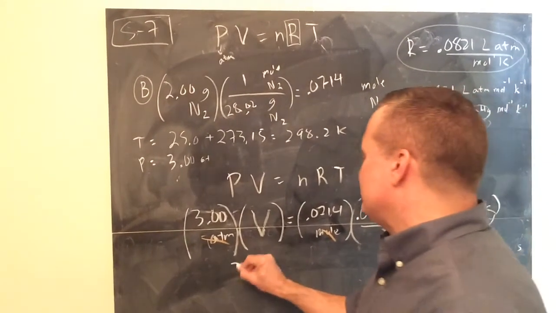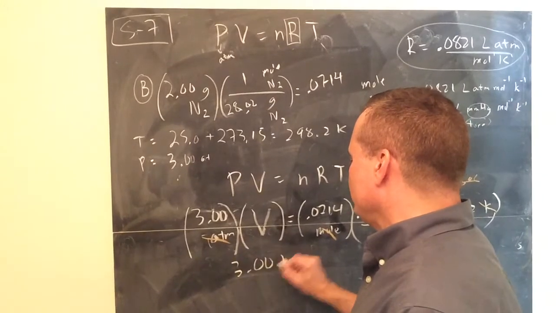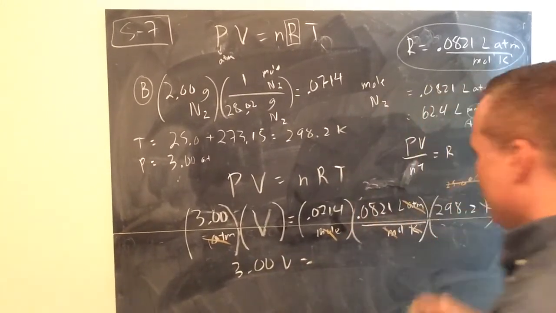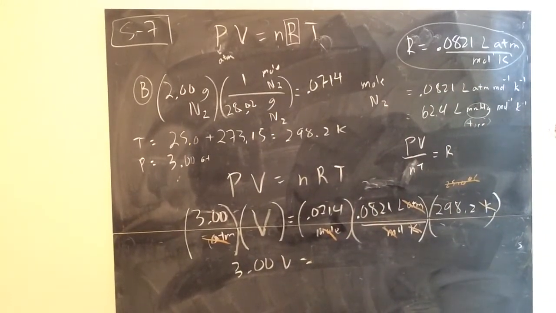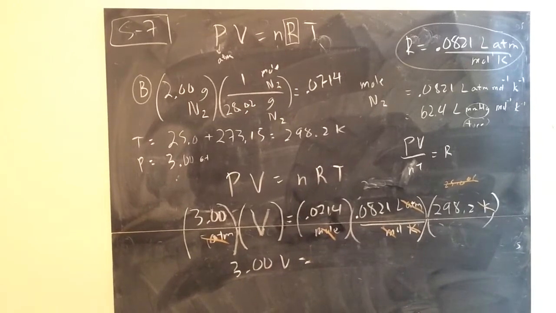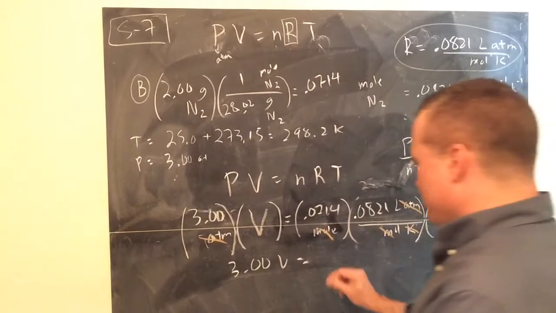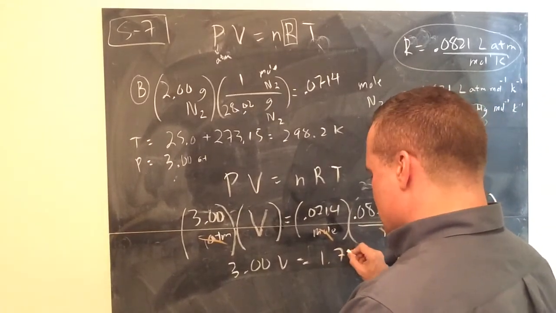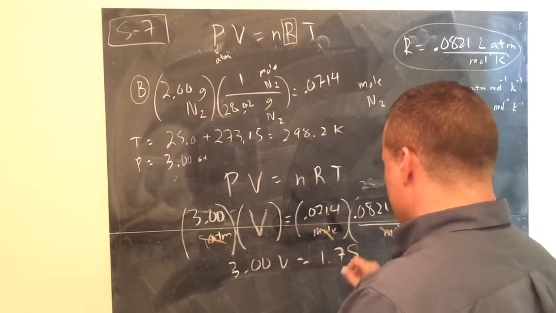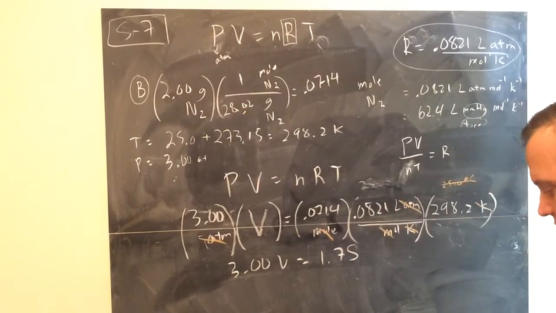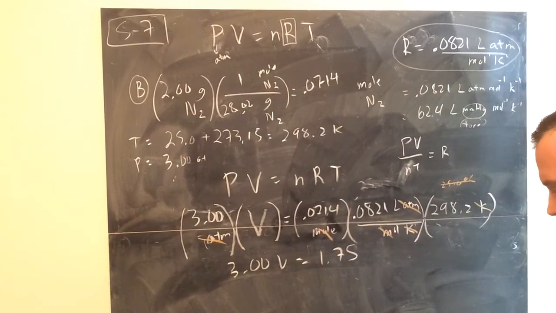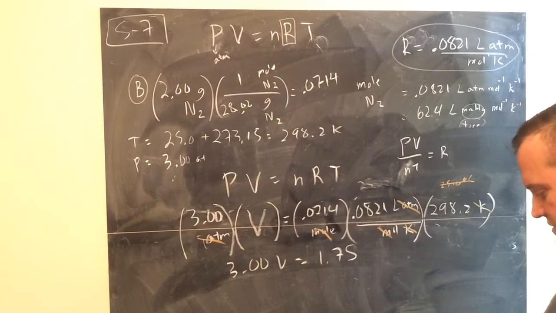Okay, so 3 times V equals, and I'll multiply these, 0.0714 times 0.0821 times 298.2. It's 1.75. Now, let me double check. This is 0.0714 times 0.0821 times 298.2.